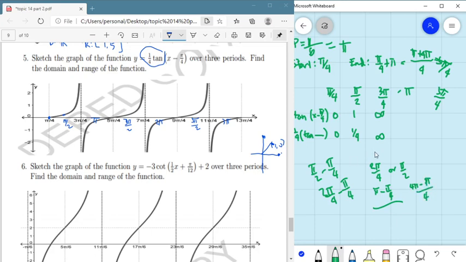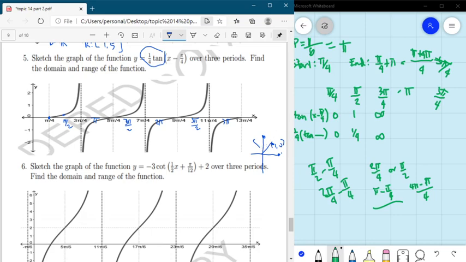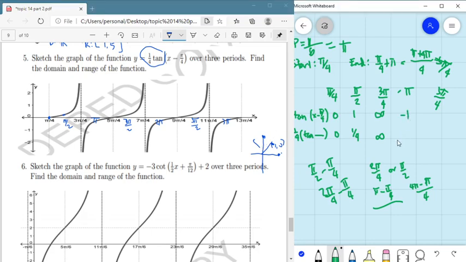So, it's 3 pi over 4. So, tangent at 3 pi over 4 here is negative 1. And negative 1 times 1/4 is equal to negative 1/4.